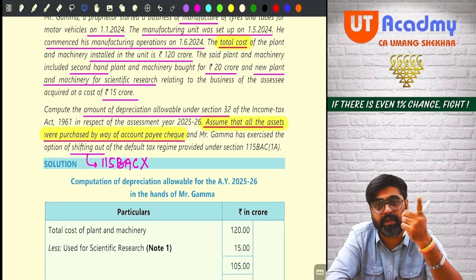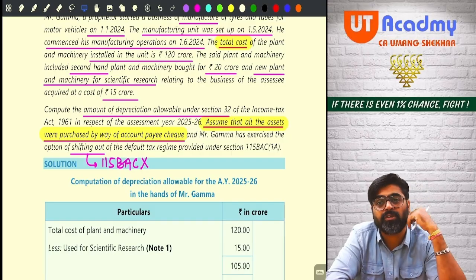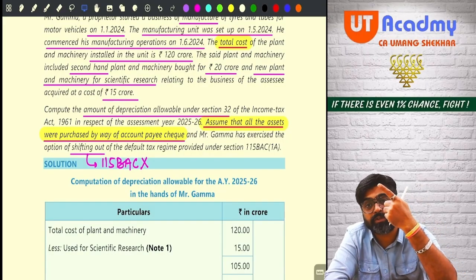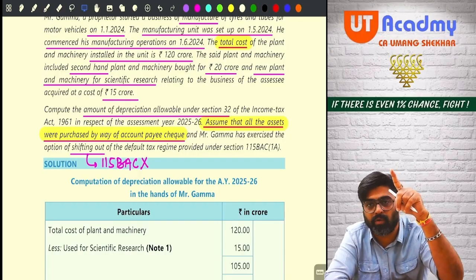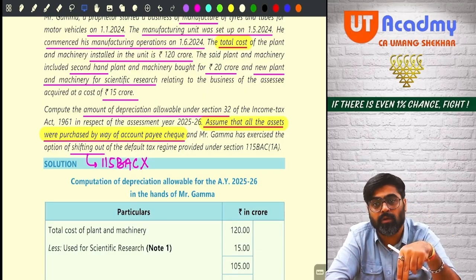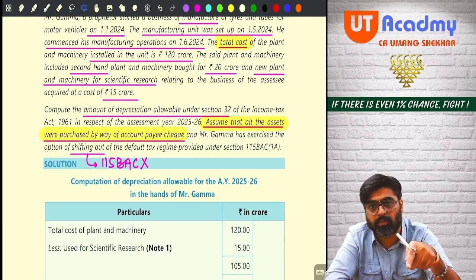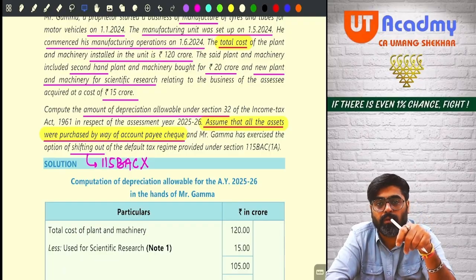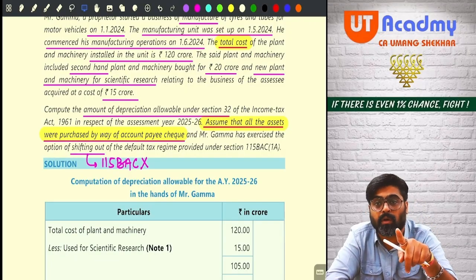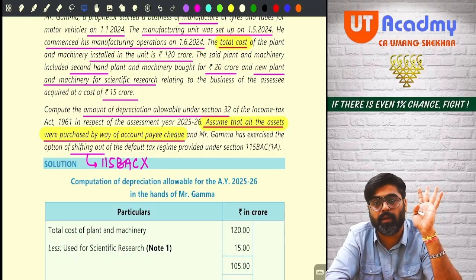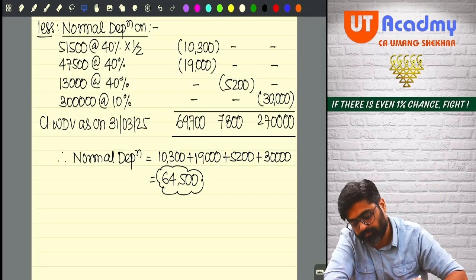If in that question they tell you that the assessee is not shifting out, he remains in 115BAA, then you will not calculate additional, you will calculate only normal. Here also you will calculate both additional and normal because you are shifting out. If they tell you that you are not shifting out, then you will calculate only normal. Please don't calculate additional.